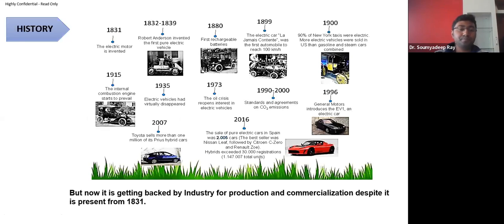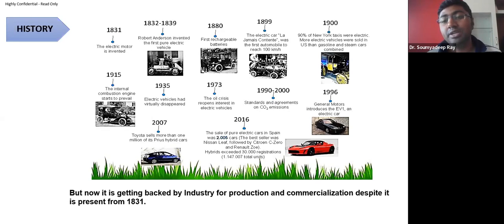I'll start. First we'll go through the history. In the year 1831, the electric motor was invented. Then some scientists worked on the electric vehicle in 1832. So it is not a new technology. Everybody is talking about EV, but EV is not new, nor is it rocket science.